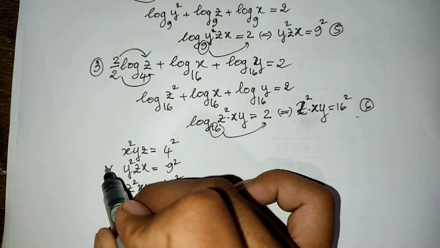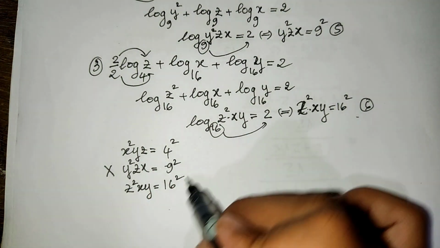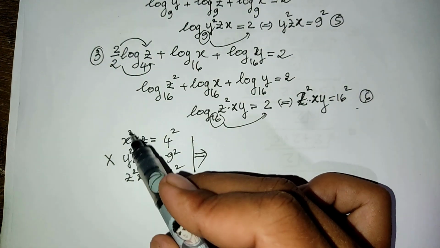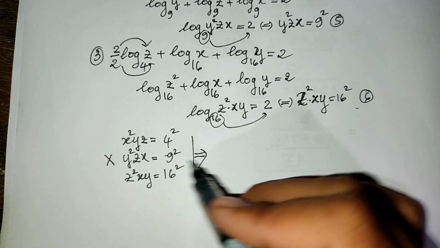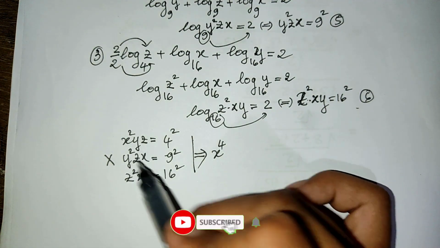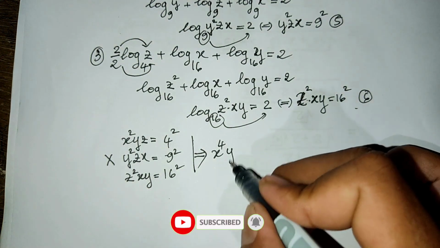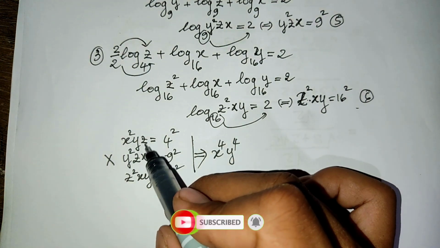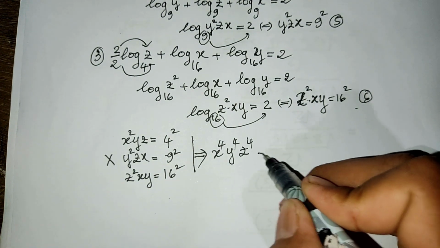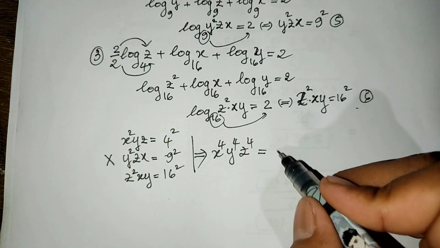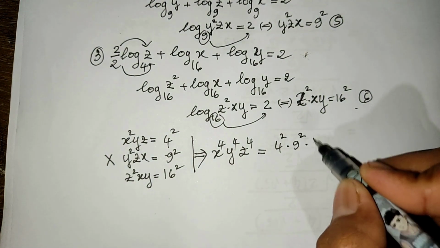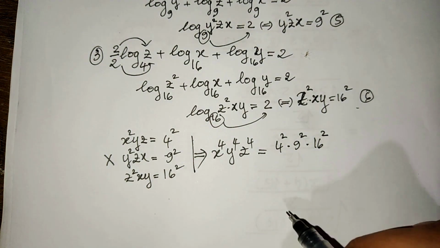Multiplying both sides, we get x to the power 4, y to the power 4, and z to the power 4, equal to 4 squared times 9 squared times 16 squared.